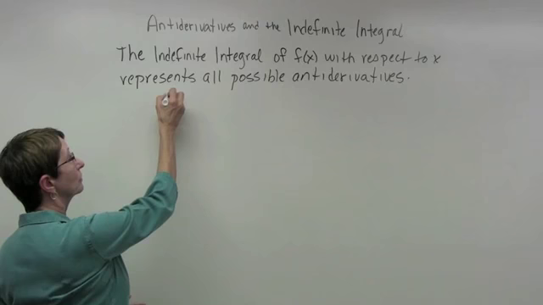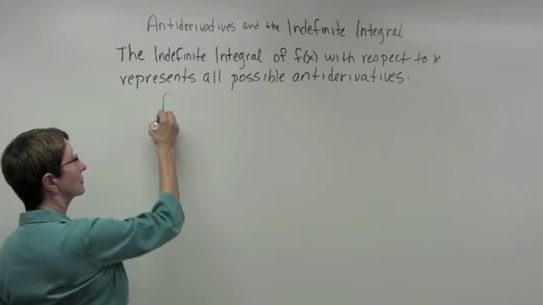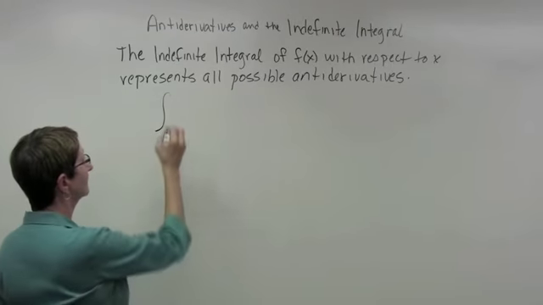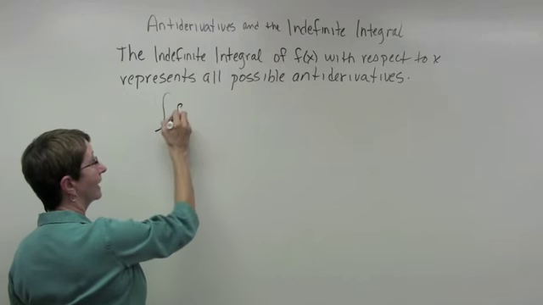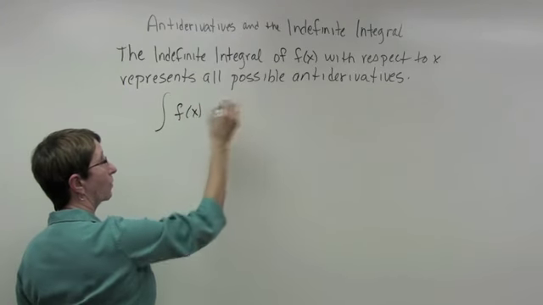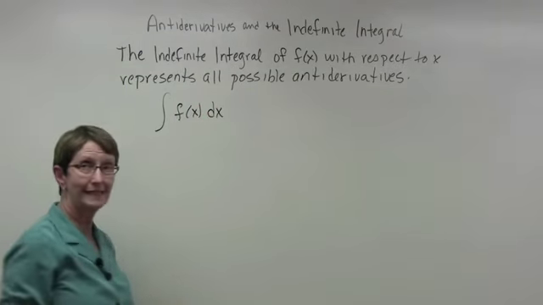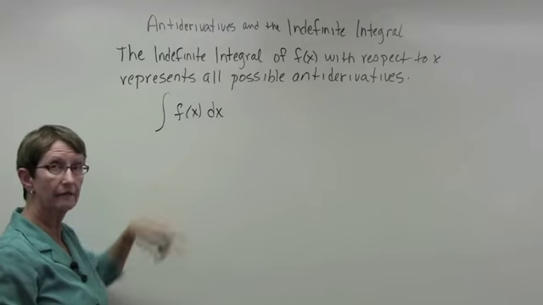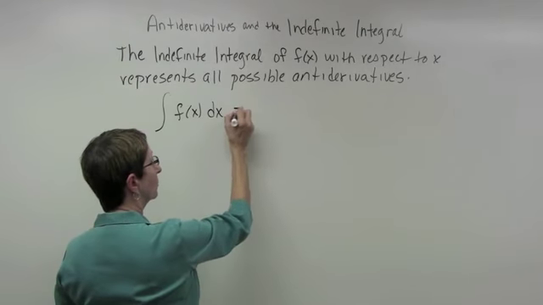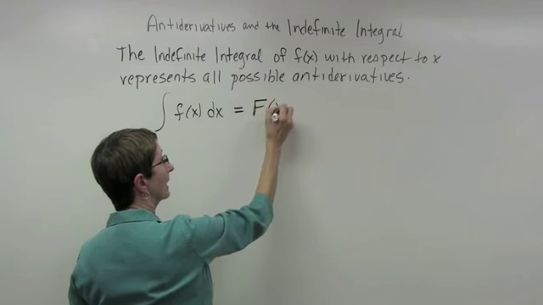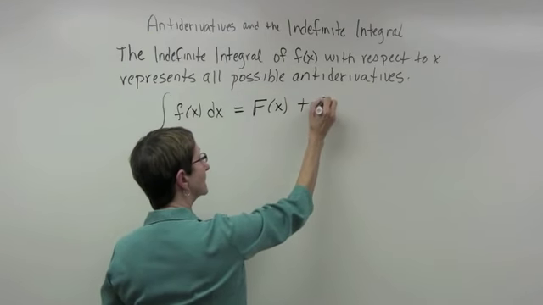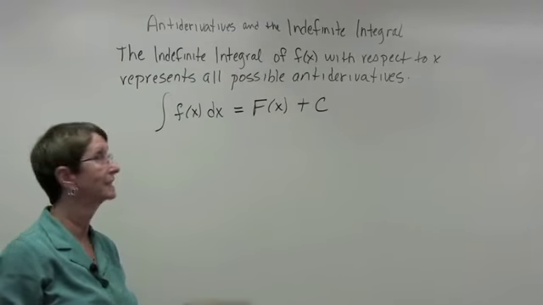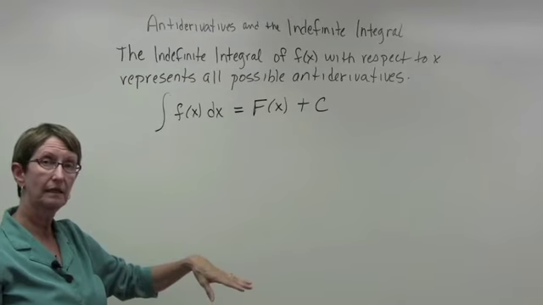The indefinite integral, sort of an elongated s, of little f of x dx, where dx is telling us our variable, is equal to capital F of x plus some constant c. So c is a constant.